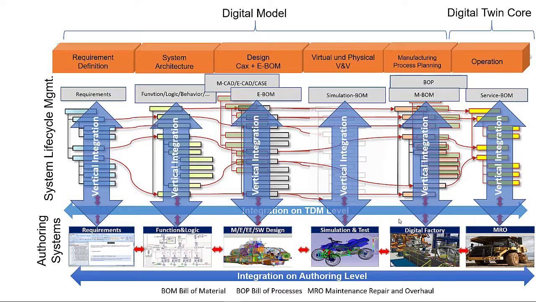In a typical environment and customer base in automotive and aerospace, we have dozens of different authoring systems, and we have to handle this. So vertical integration means to integrate the authoring systems, maybe with or without a team data management system, directly into the PLM system, or how I call it, the system lifecycle management backbone.